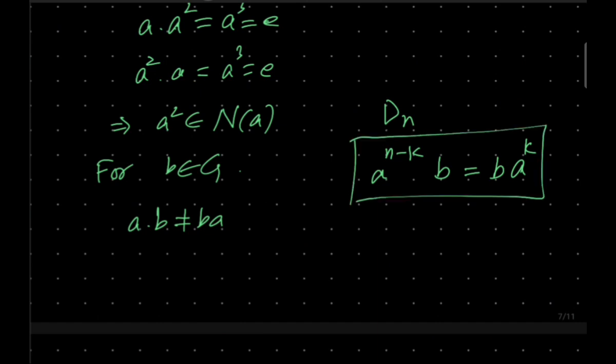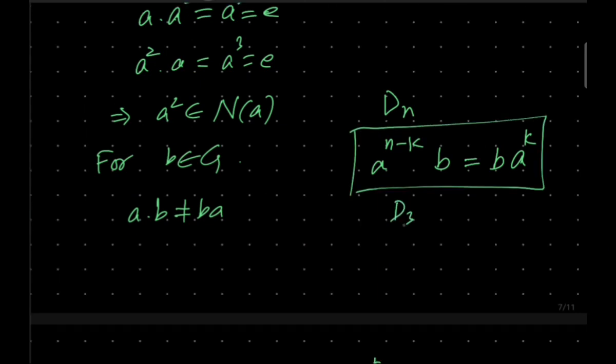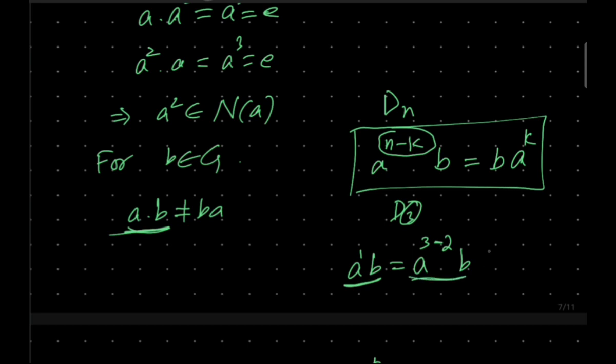This is the general formula. In our case, we have D3. So in D3, we have to calculate this thing, ab. ab can be written as a to the n minus k. In our case, n is 3, so I will write 3. What will I subtract here? Because here we have ab, you have to take the power of a as 1. So I have to subtract 2 to get power 1. So now these two things are the same.